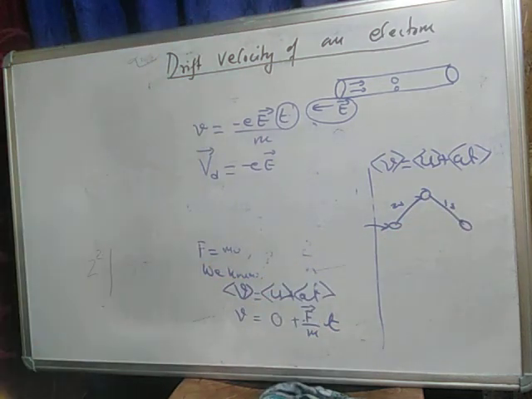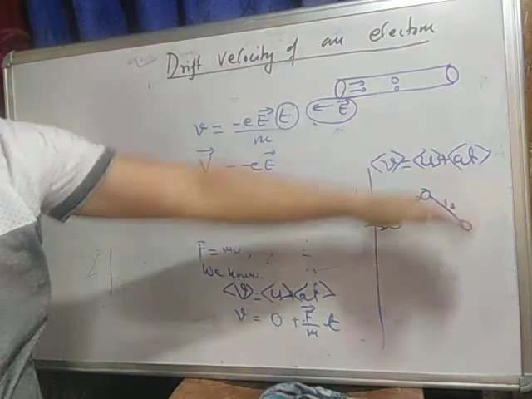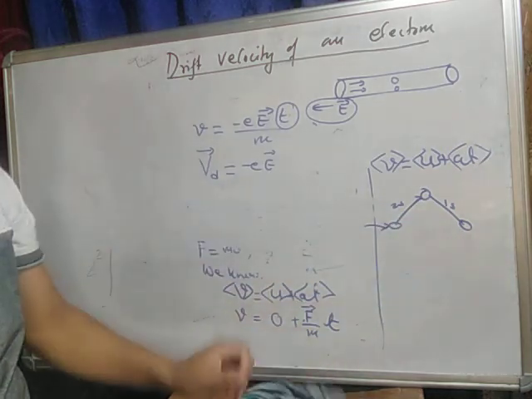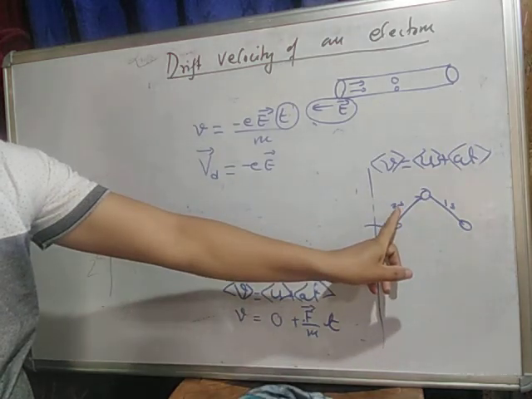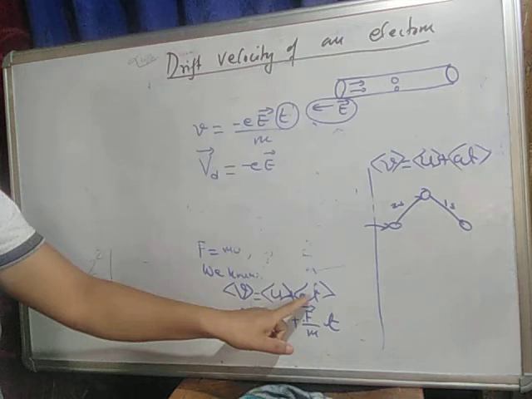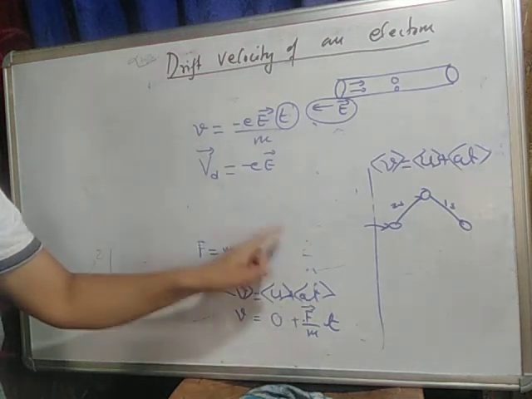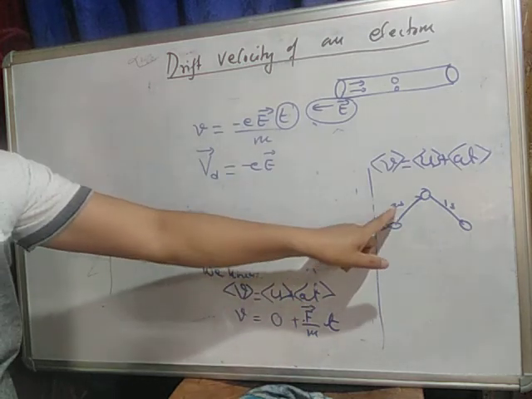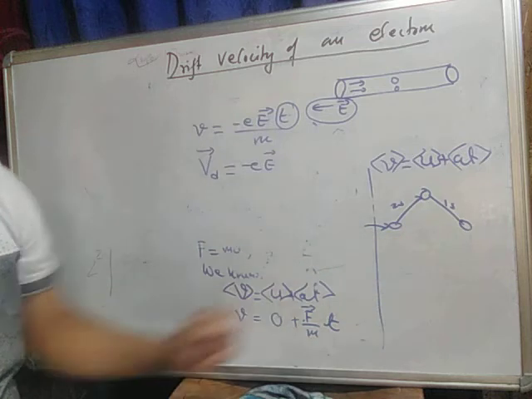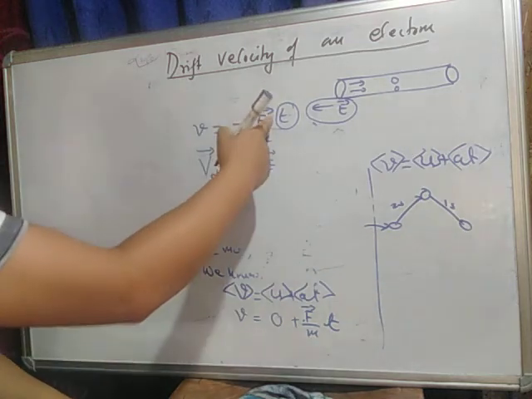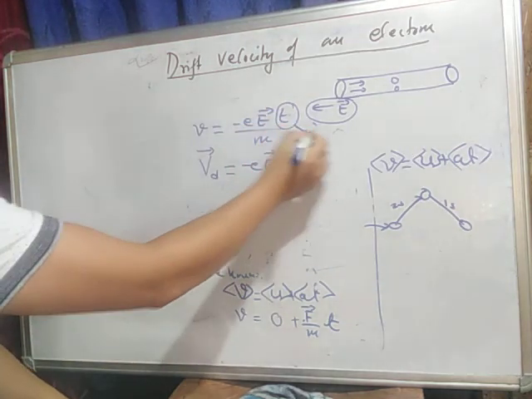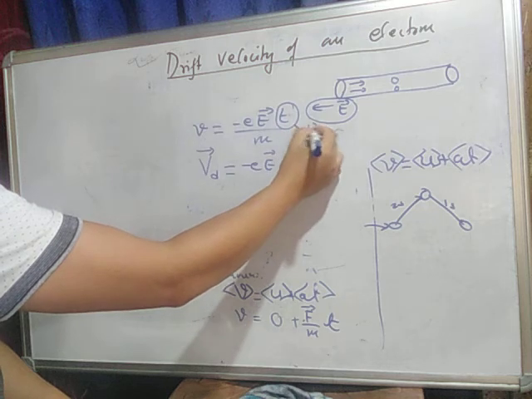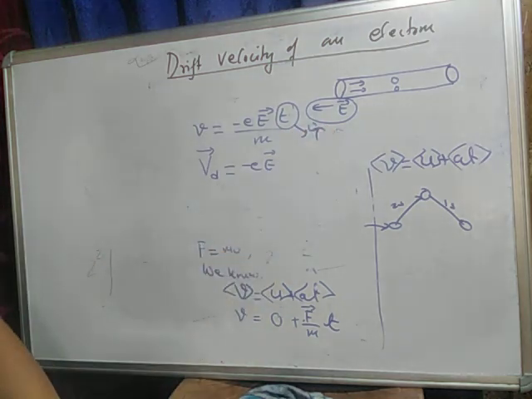Okay, so this is the way they move, isn't it? So here also you have to find average time. Average acceleration we have done. So we simply denote this as tau.